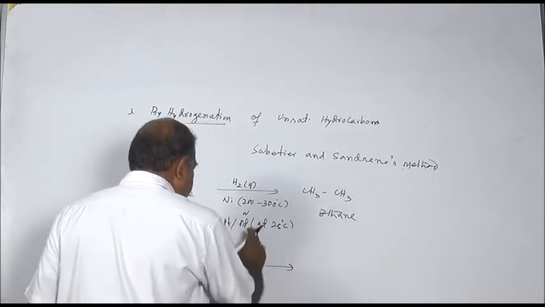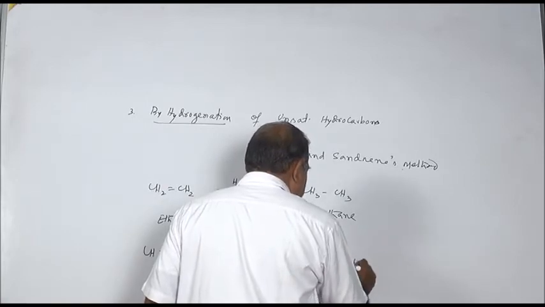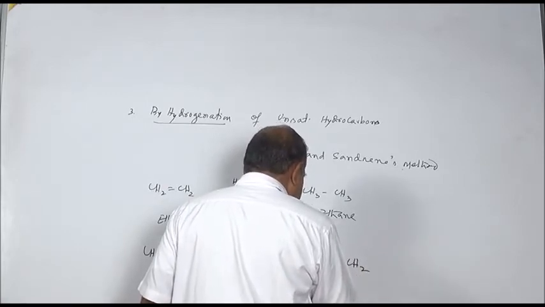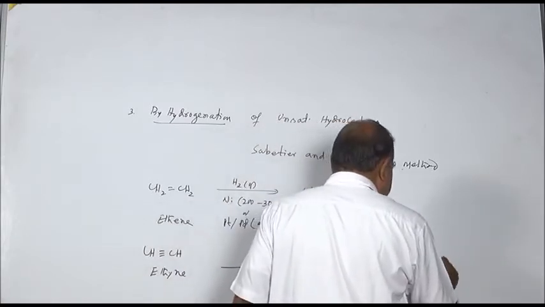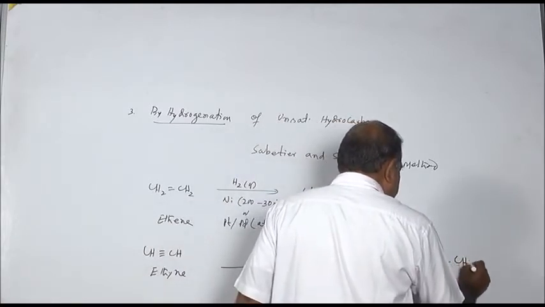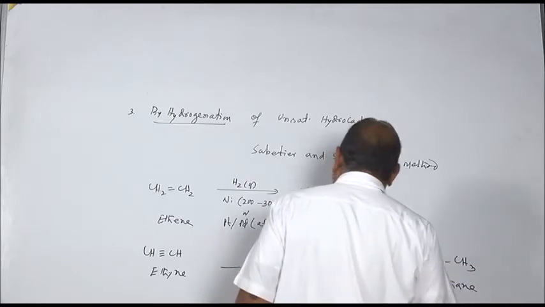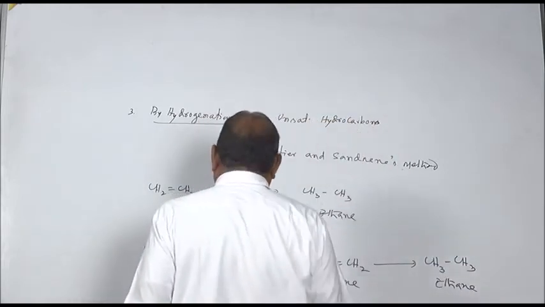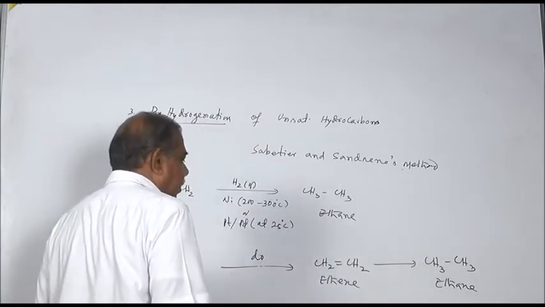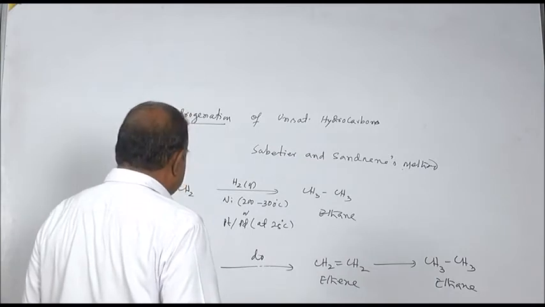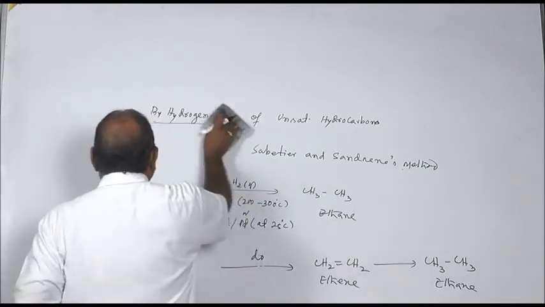Same conditions, therefore I have written ditto. It will first form an alkene, that is ethene, then it is again hydrogenated to ethane. So the triple bond goes first to a double bond, then to a single bond. Here addition of hydrogen takes place, therefore the process is called hydrogenation.